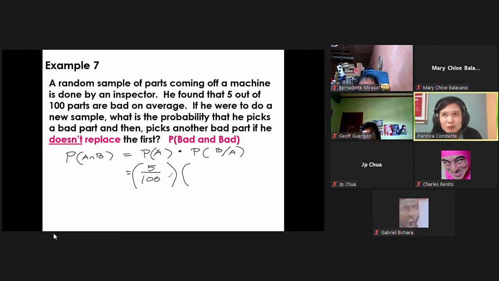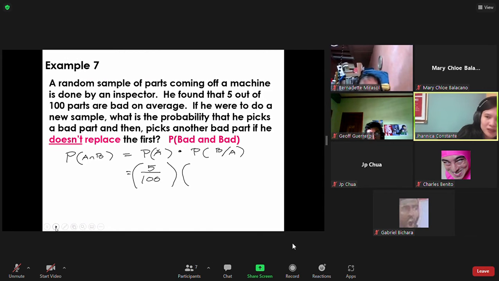Kung 5 out of 100 yung una, ilan na ngayon ang probability for your second event? What's the probability of our second event if the first one is 5 over 100?